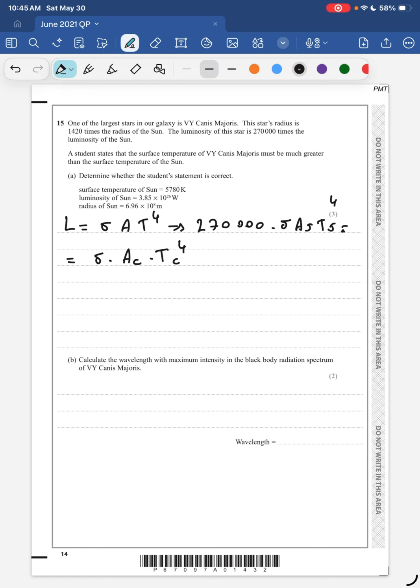Okay, so we can cancel sigma on both sides. That's nice.